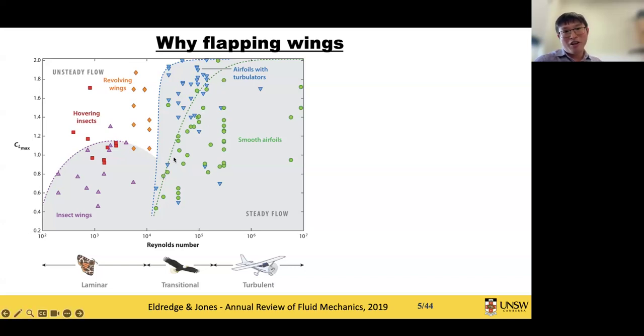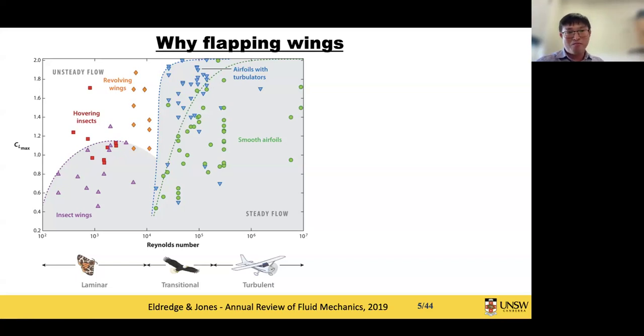In order to maintain high lift, people develop vortex generators and flow control theories. When the Reynolds number goes down further, rotating or revolving vanes come in to maintain the high lift. When we reduce the Reynolds number further, we go to insect flying, and we call this unsteady flow theory for lift generation.